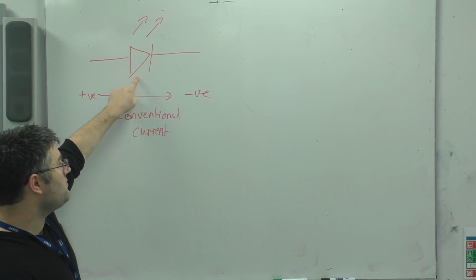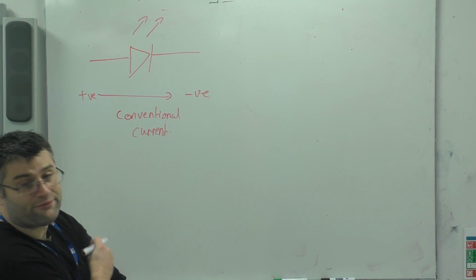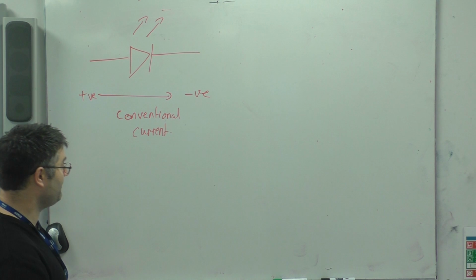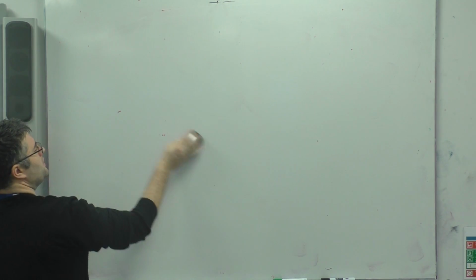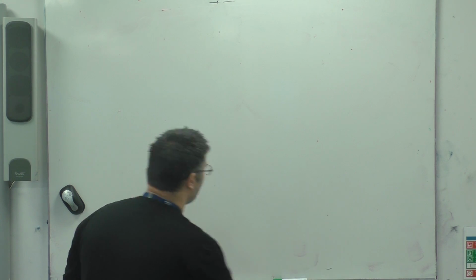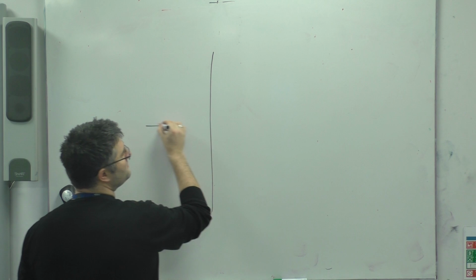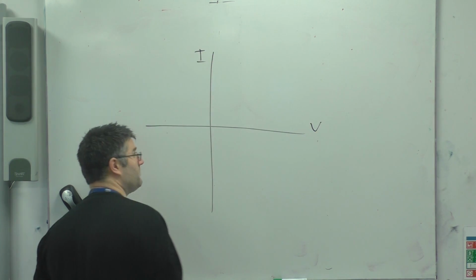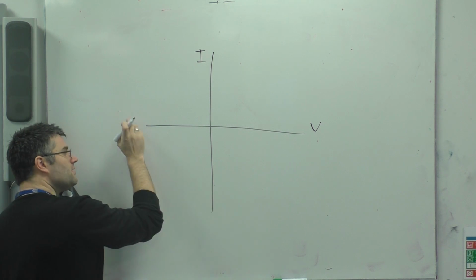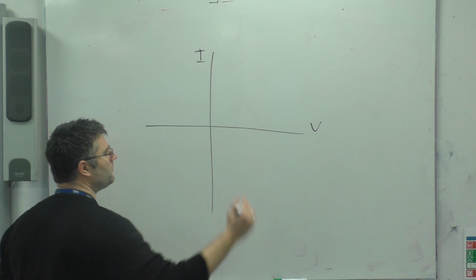Now, diodes have very interesting features that we'll talk about after we've drawn the graph for the IV characteristic. So the IV characteristic for a diode, we'll draw the same graph as before. So we've got our positive currents, positive voltages, negative currents, negative voltages. So what does the graph look like?